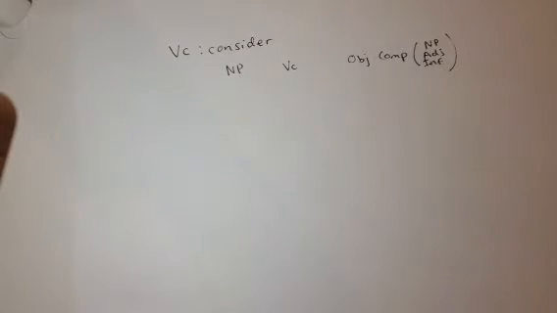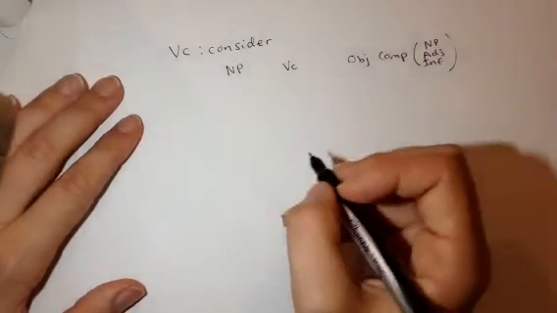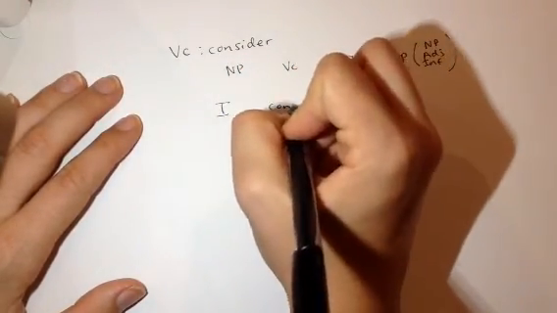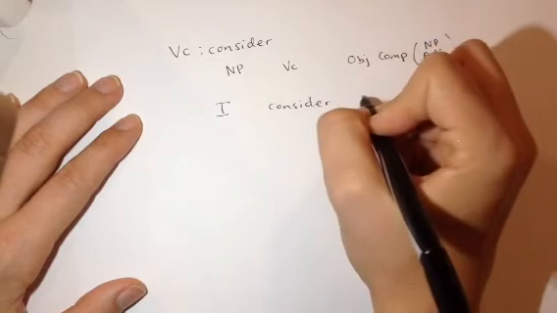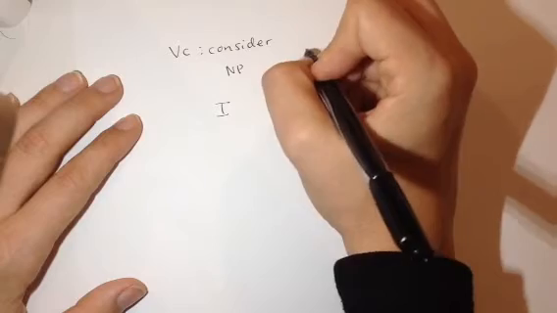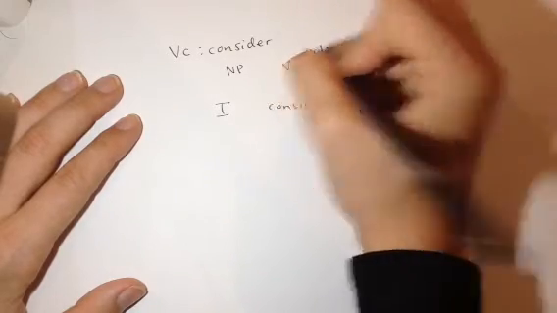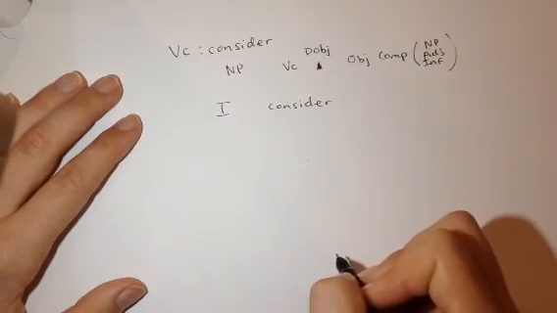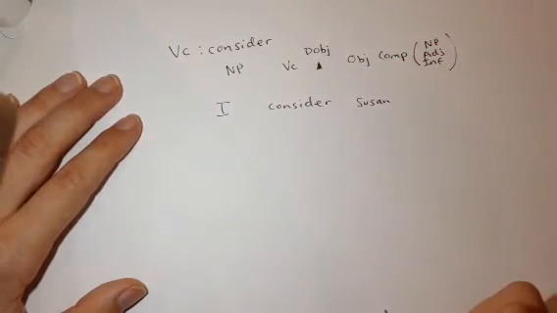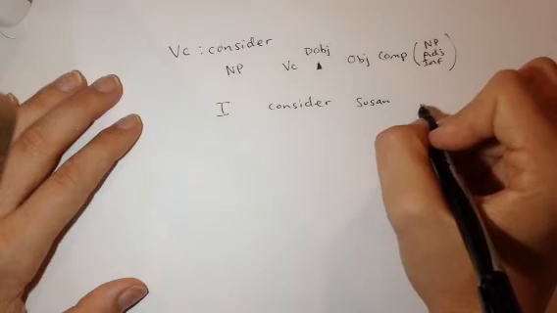So I'm going to use the same beginning, but I'm going to change it depending on what I have. So I'm going to have, I consider Susan. Oh, and I forgot something. Your direct object. We always have to have our direct object. Sorry, guys. You always have to have your direct object. I consider Susan. Okay? And then I'm going to fill in the blank.